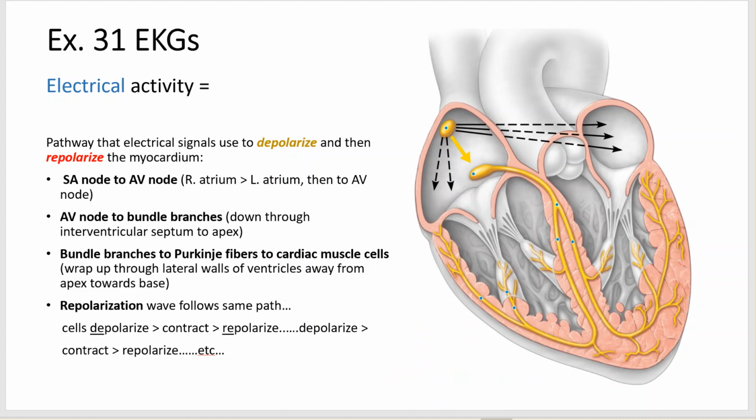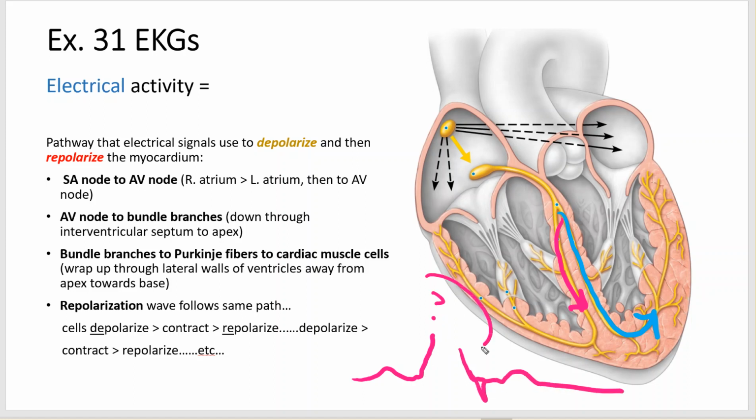But if things are not going at the same speed, I want you to think about what this peak would look like. What's going to be happening up at the top of this peak? So I just want you to try to think about that and see if you can figure it out on your own. Email me if you have any questions about it.